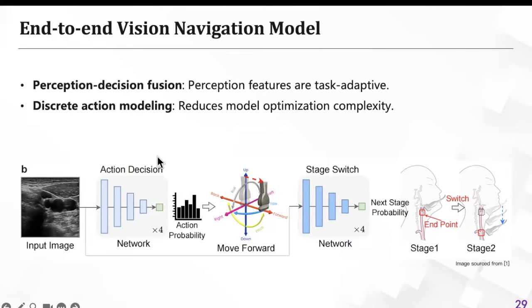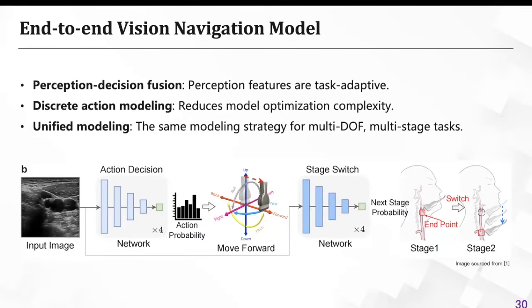First, the discrete action can meet the scanning requirements for the carotid artery. And by discretizing the decision space, we simplify the optimization complexity and make the model easy to converge. Finally, we use a unified learning strategy to handle adjustment across all degrees of freedom and different scanning subtasks.